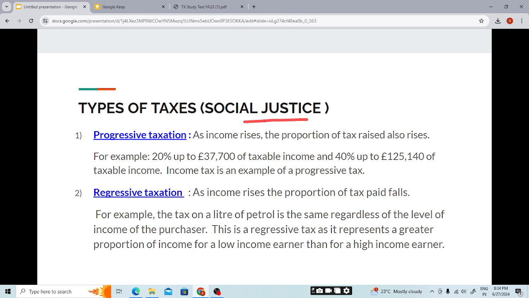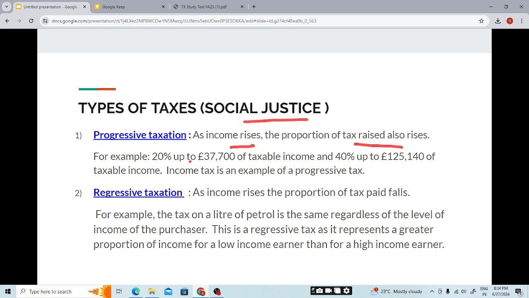According to social justice, the HMRC has divided taxation into four criteria. The first one is progressive taxation. Progressive taxation means as the income rises, the proportion of tax rises. That means if you earn more income, you'll pay more tax.